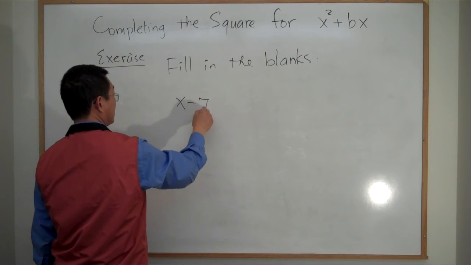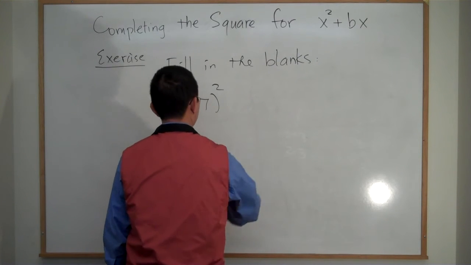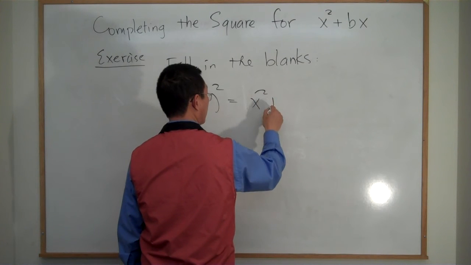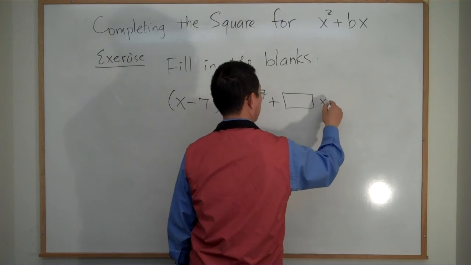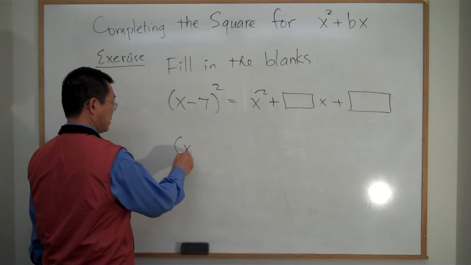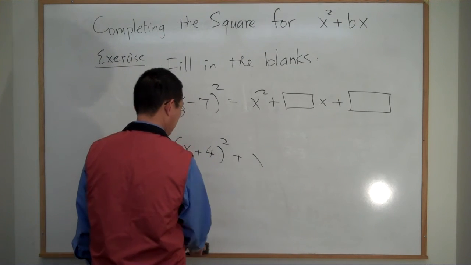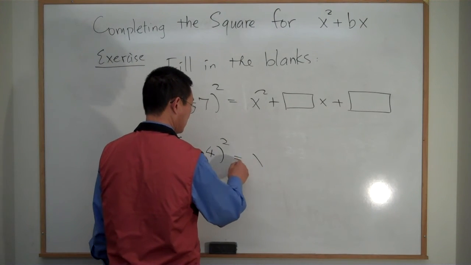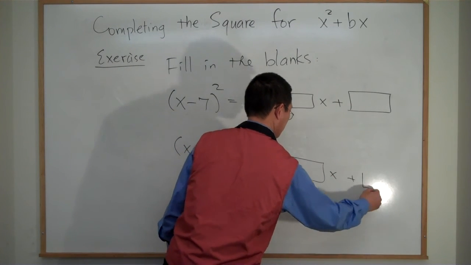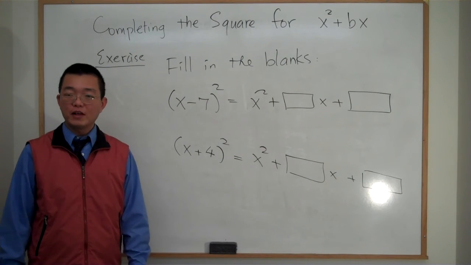X minus 7 squared equals x squared, and how many x? And how many constants? Just take 1 minute and fill out these 4 blanks.